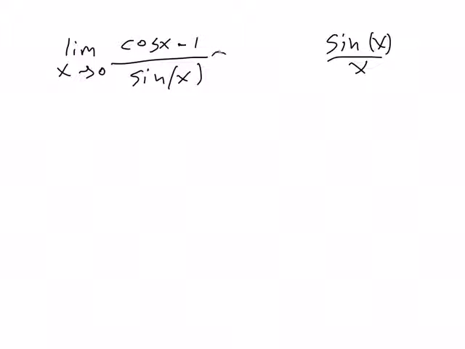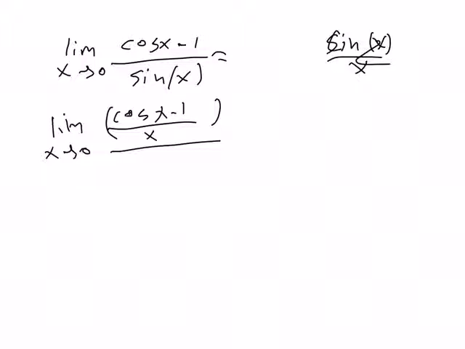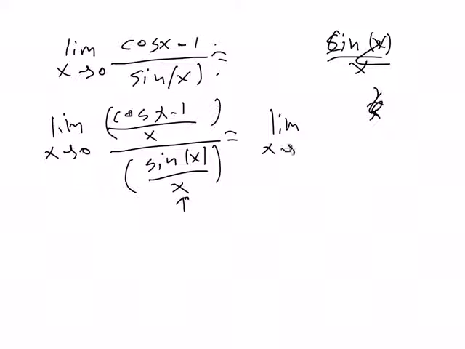We can say this is equal to the limit as x goes to 0 of (cosine x minus 1) over x, all divided by sine of x over x, right? Because you just multiply everything by 1 over x, the top and the bottom. And over here we get a 1, so this is going to equal the limit as x goes to 0 of (cosine x minus 1) over x.